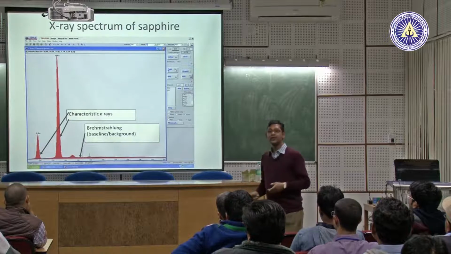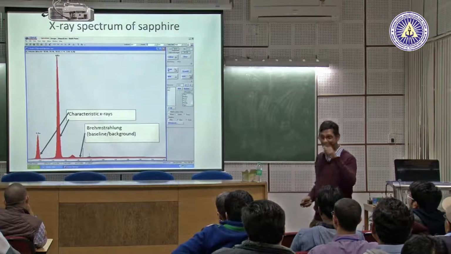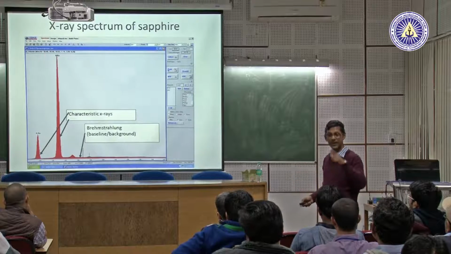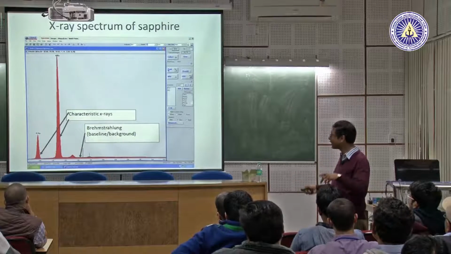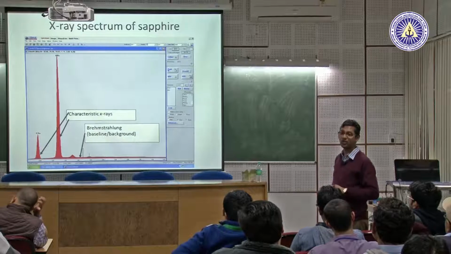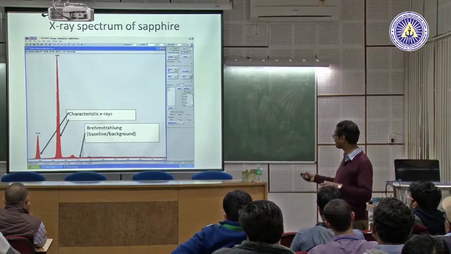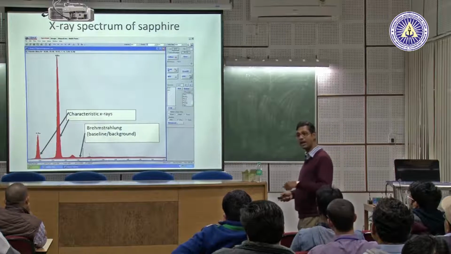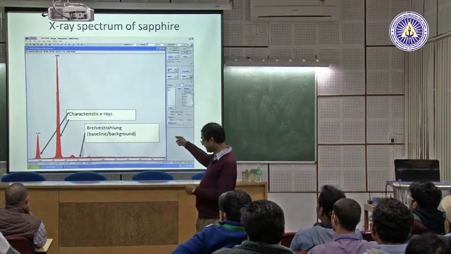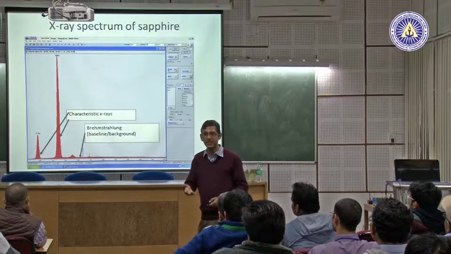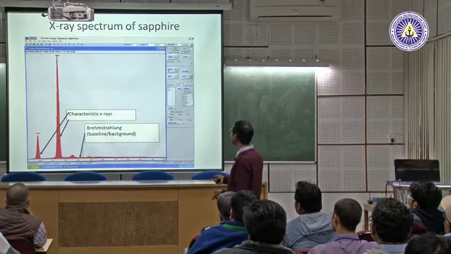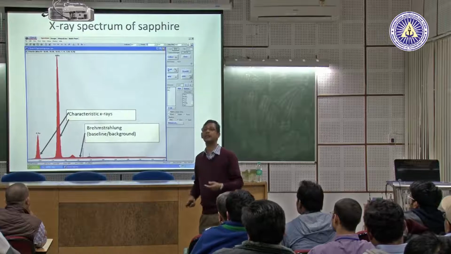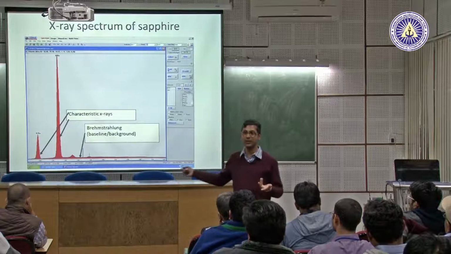If you have an element in which an L peak or M peak is coming, it is better to use those peaks to calculate the concentration of the element, not the K peak, which you normally don't do in experiments. If you go to an SEM lab, they will use the K peak because this is routine, or the default. They will use the K peak intensity to calculate the amount of aluminum present, right?